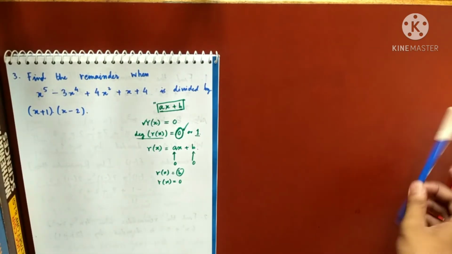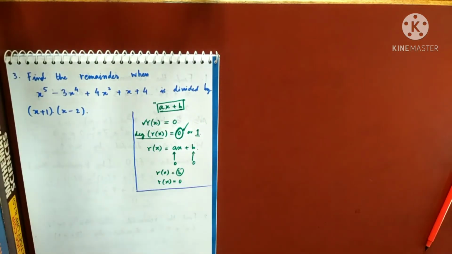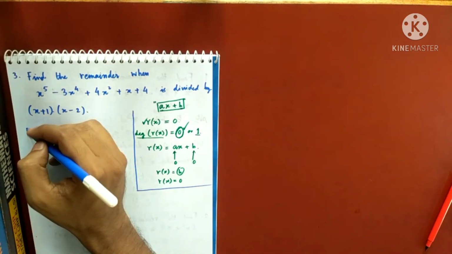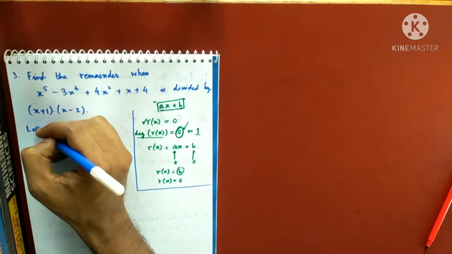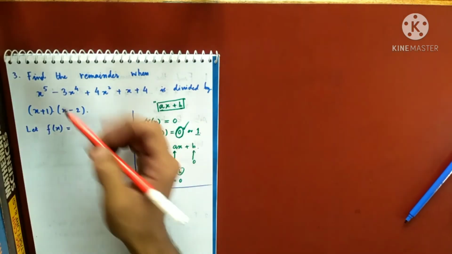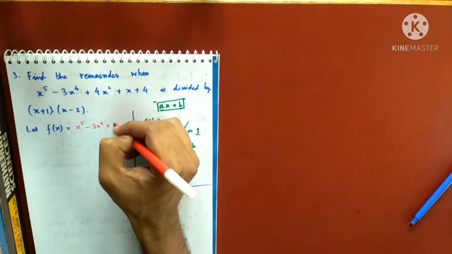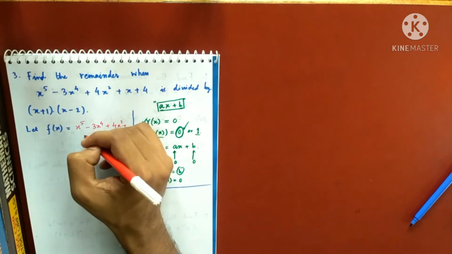Understood, sir. Yeah. So I'll simply do it. Let me give this a name. Let f of x equal x to the power 5 minus 3x to the power 4 plus 4x square plus x plus 4.